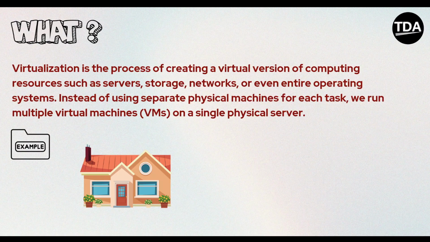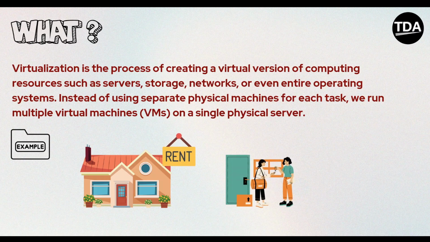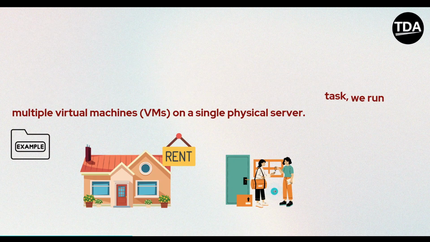Instead of wasting space, you decide to rent out the other rooms to tenants. This way, the house is fully utilized. Similarly, before virtualization, companies had dedicated servers running at just 10-20% capacity. Now, one physical server can host multiple virtual machines, making efficient use of resources.